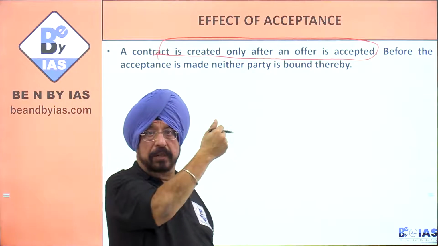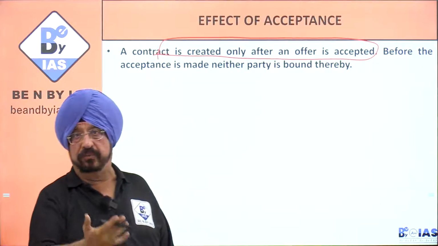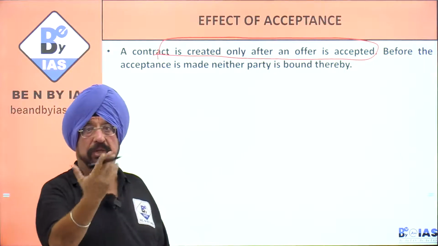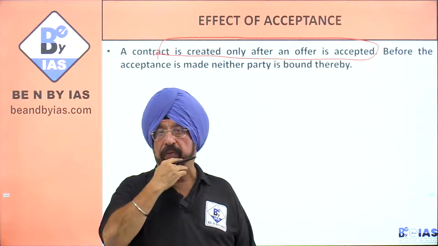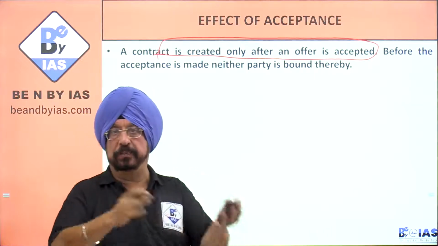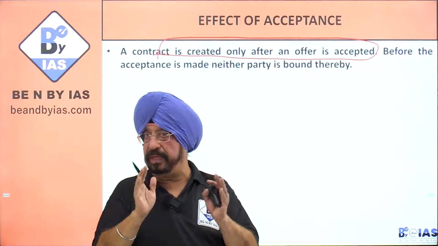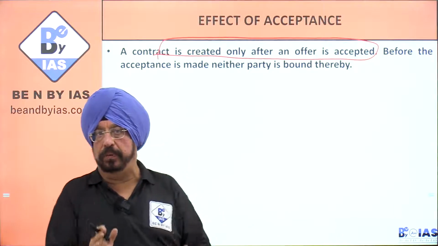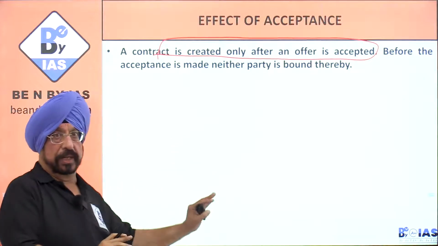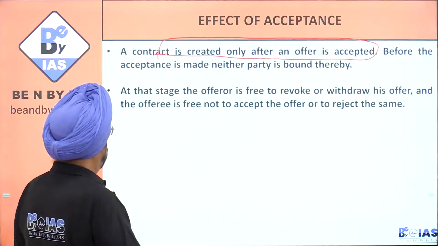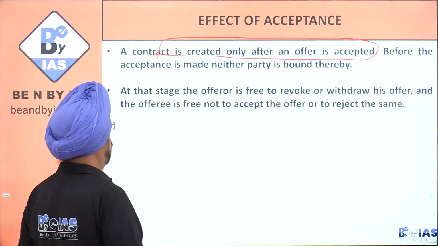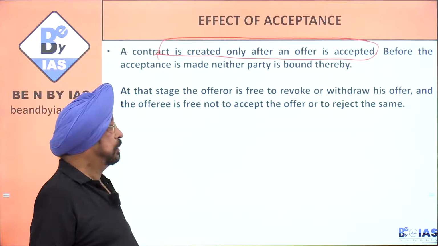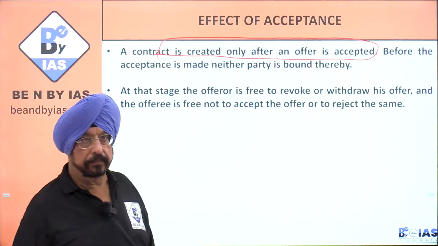This is important because when we come to section 5, 6, the communication, when acceptance should reach, against whom it is binding, that is very, very little technical but very important, which I want to cover today at least. At that stage, the offerer is free to revoke or withdraw his offer, and the offeree is free not to accept the offer or to reject the same.